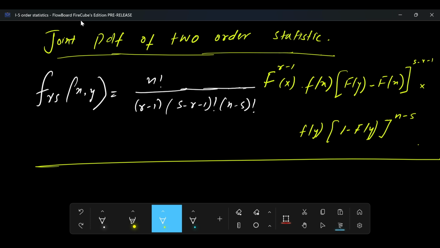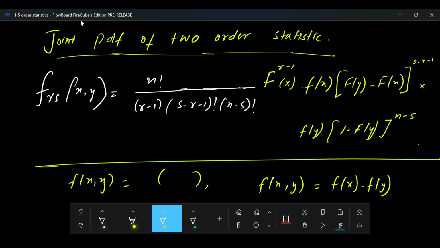Whenever you are talking about the joint PDF of order statistics, you have to apply the formula. As you know, if the random variables are IID, see how we can find this. If f of x comma y is given, as you know, f of x comma y is equal to f of x times f of y.